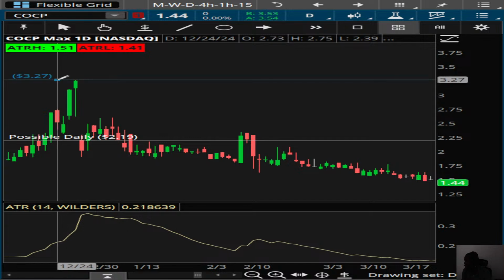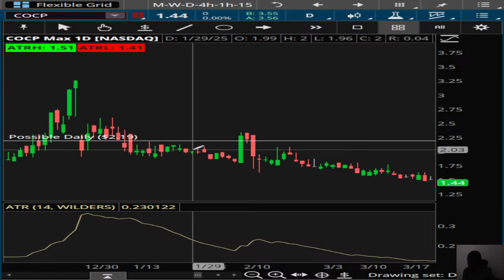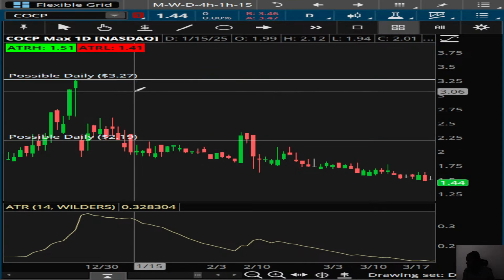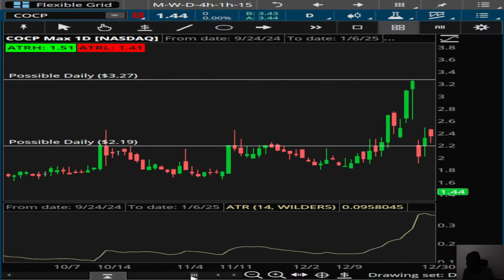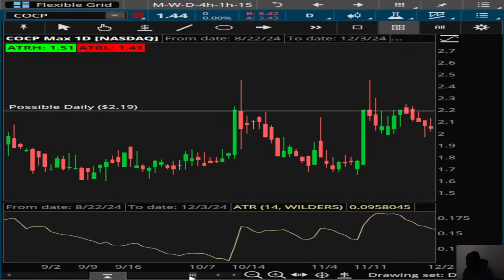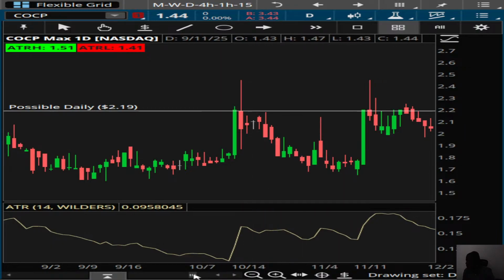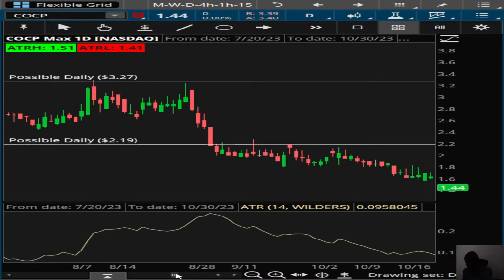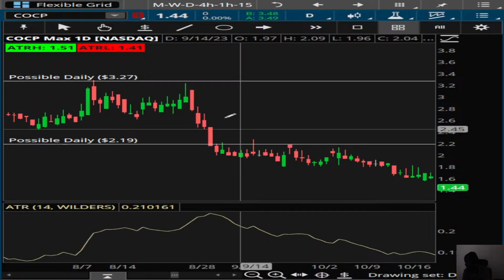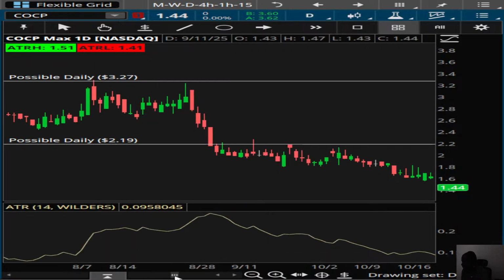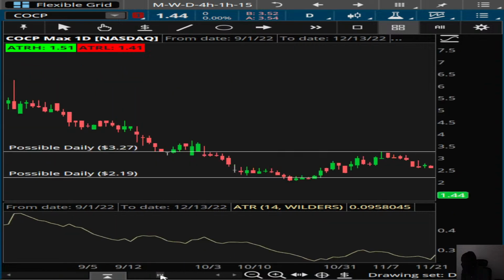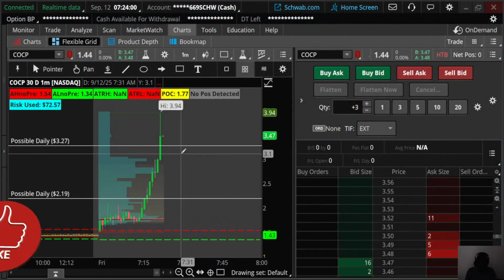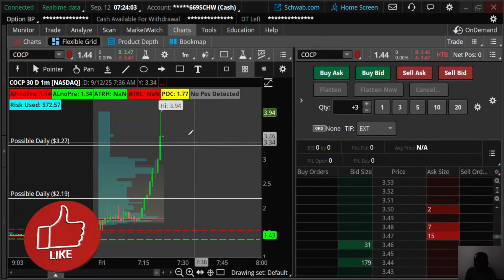It had the 326s right here. So it got above this level of the 327s. Zoom back a little bit more. 327 was tested back here in 2023. Yeah, we shall see. 327 is where it's trading above right now.